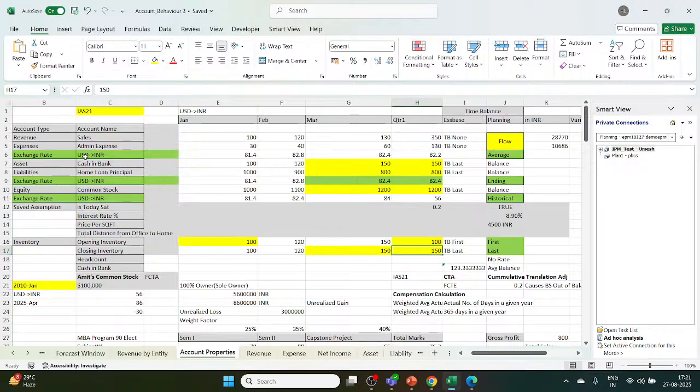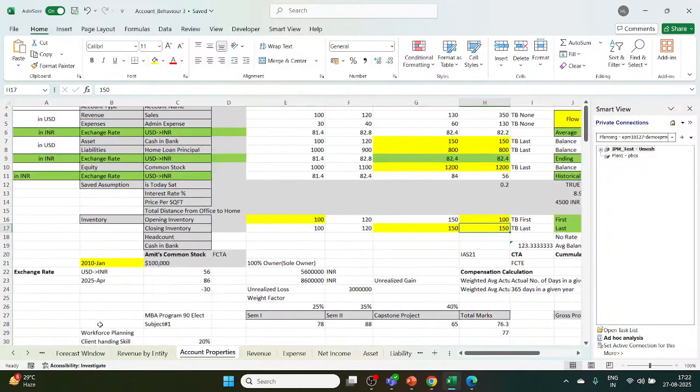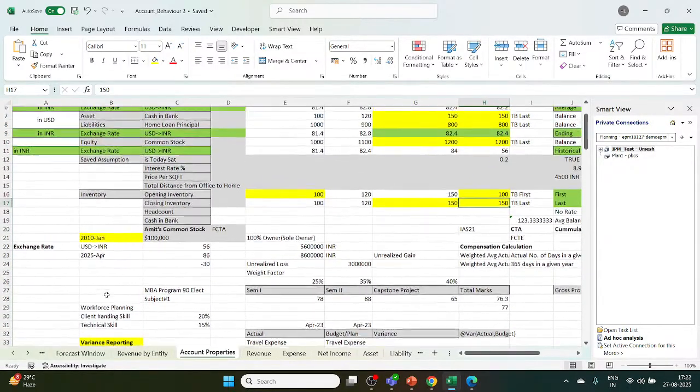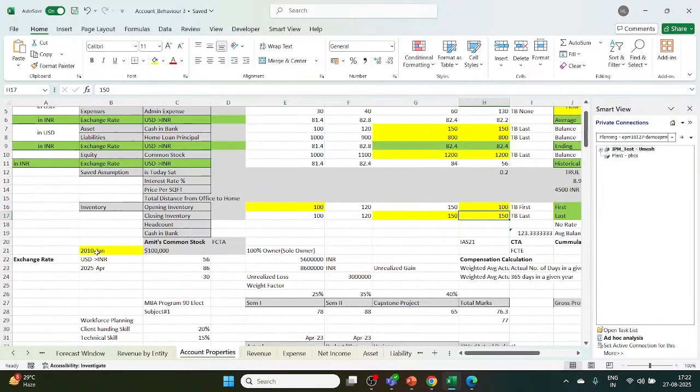Exchange rate is a rate through which the USD is converted into INR. Here you can see with the help of this example. Suppose I have $1 lakh of common stock, and in January 2010 I am the 100% sole owner of it.